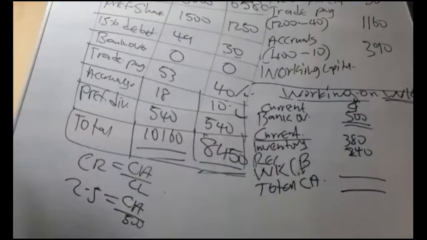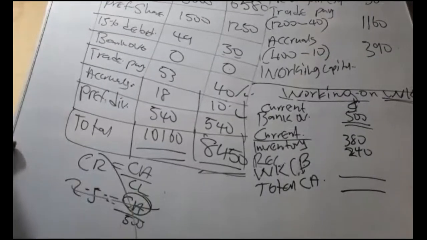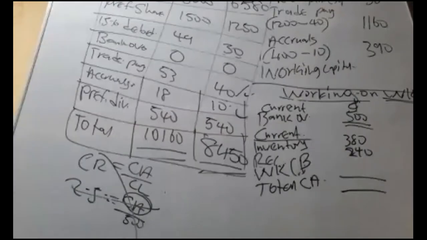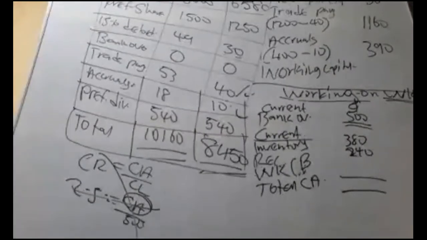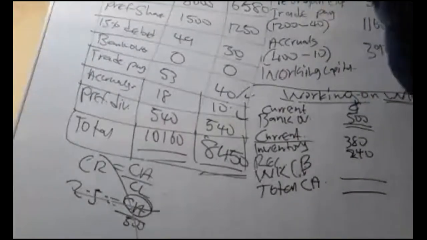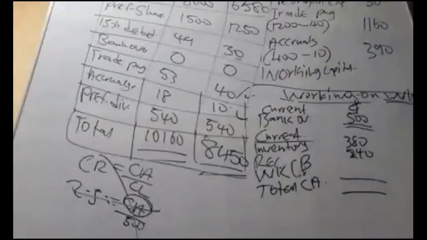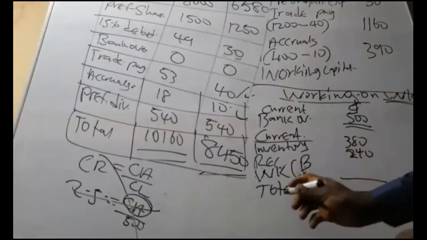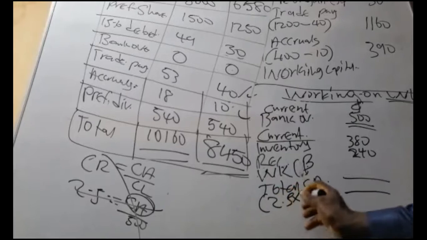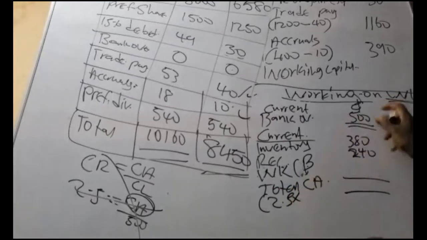In a new business, the only current liability will be the 500 bank overdraft. So how do you find current assets? Just multiply. Whatever ratio they give you, multiply it by the overdraft, or by the debt. So it will be 2.5 times the total current liability, which is what? 500.